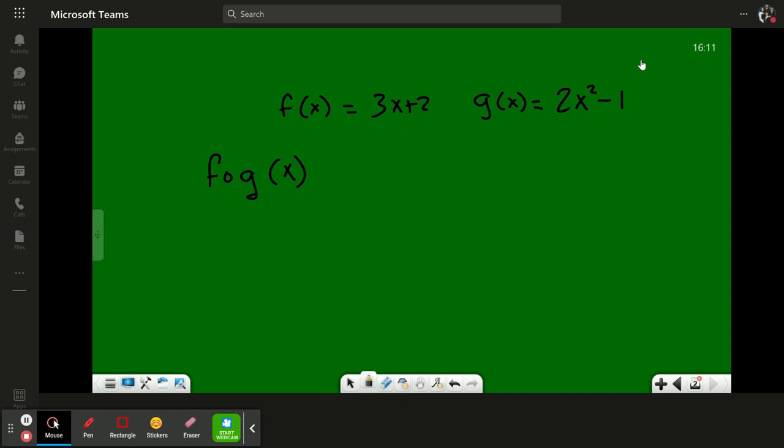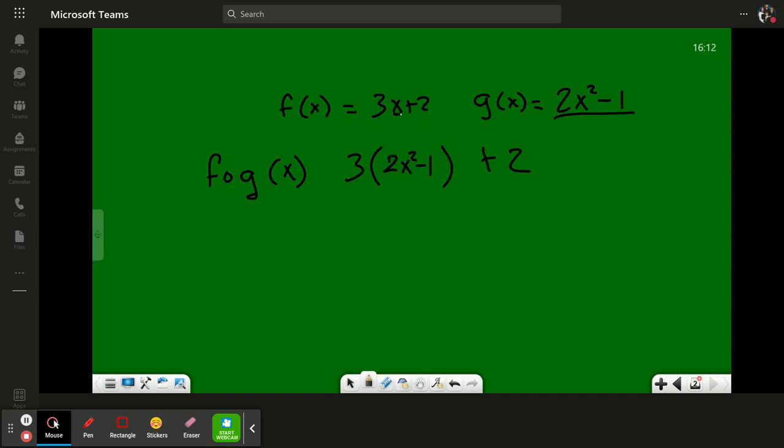All right. So g is going inside of f. So my f of x is going to be 3 plus 2. Left off that x. And I've got to insert my g of x, so that's going to be 2x squared minus 1.